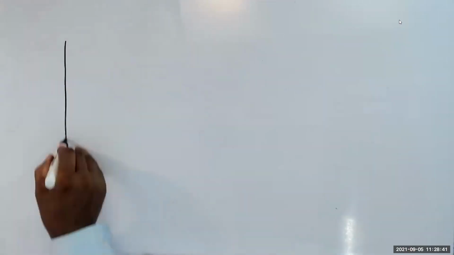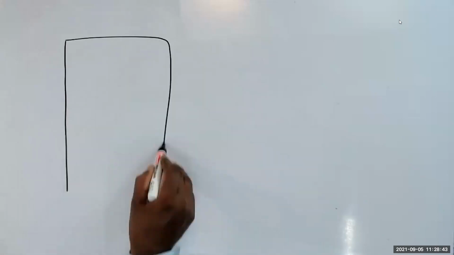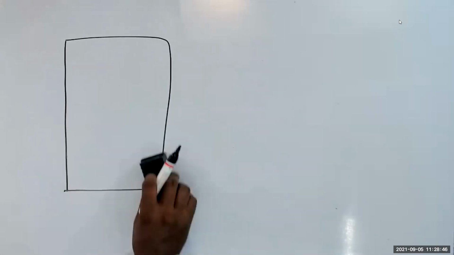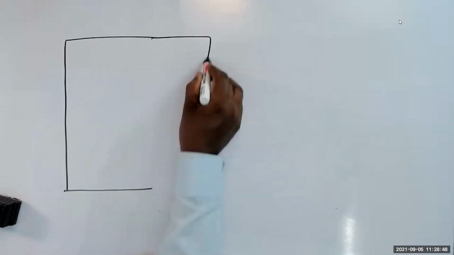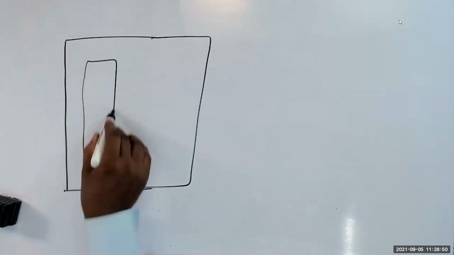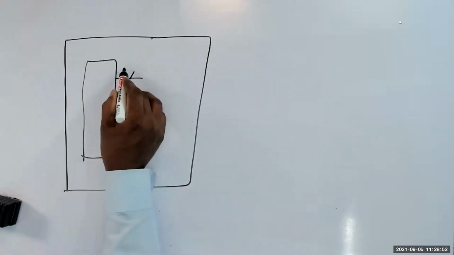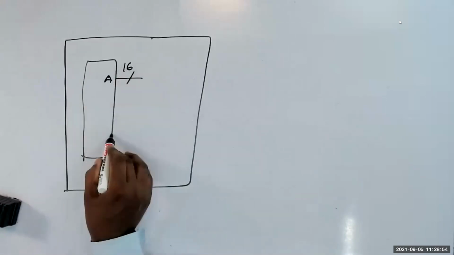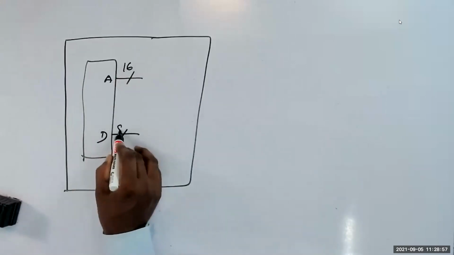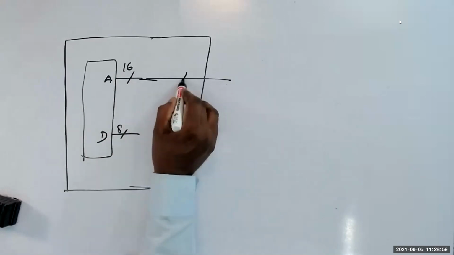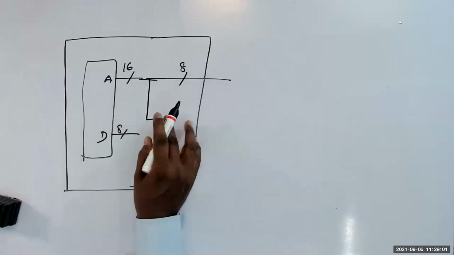I have a box. There I have the microprocessor, which has address line 16, data line 8. I split into 8 and 8.